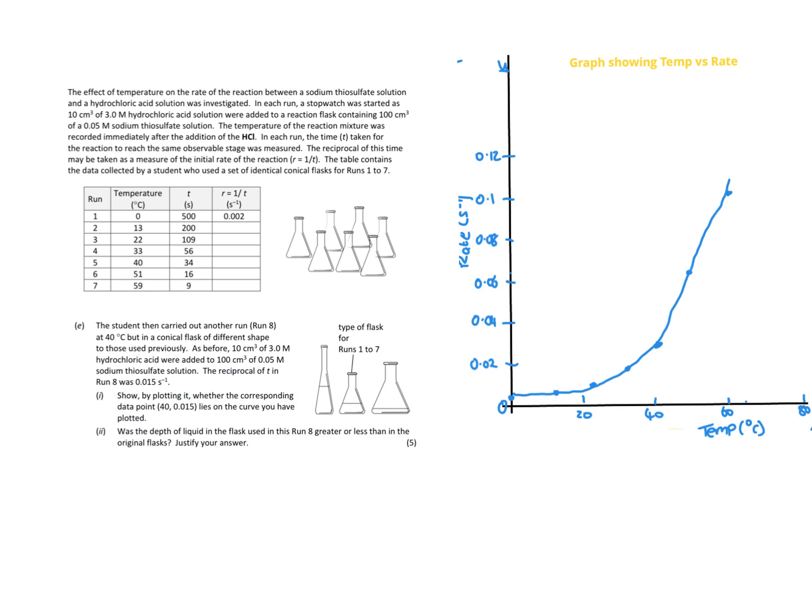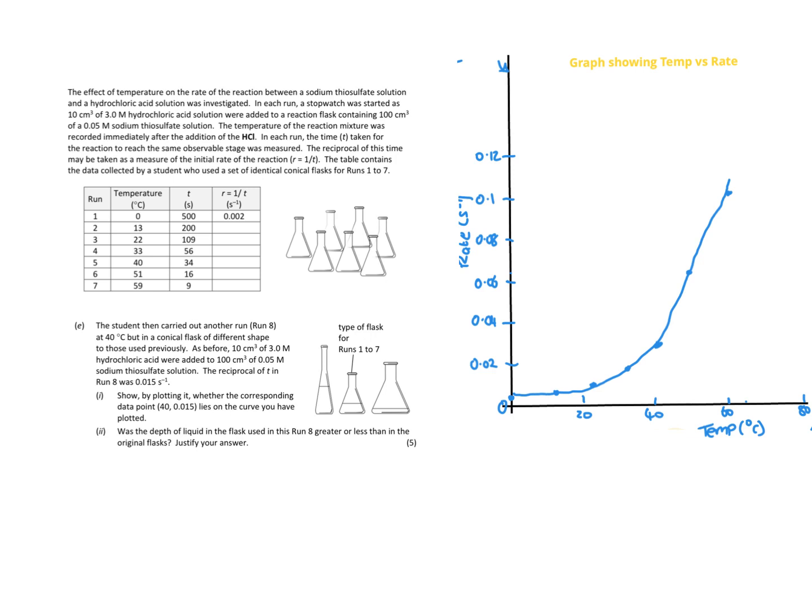It says the student then carried out another run 8, at 40 degrees in a different shaped conical flask to those that were previously used. As before, 10 centimetres cubed of your hydrochloric acid was added to 100 centimetres cubed of the sodium thiosulfate, and the reciprocal for T, which is the rate, was 0.015. So for part 1, it asks you to show, by plotting it, whether the corresponding data point lies on the curve you have plotted.